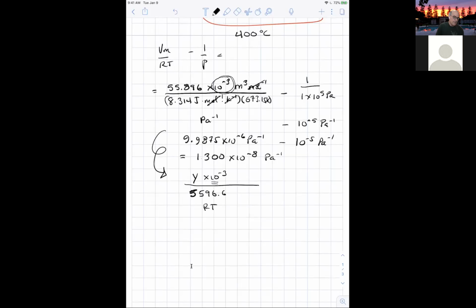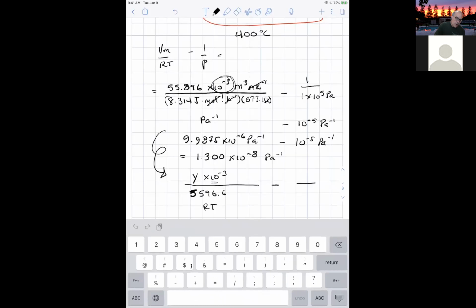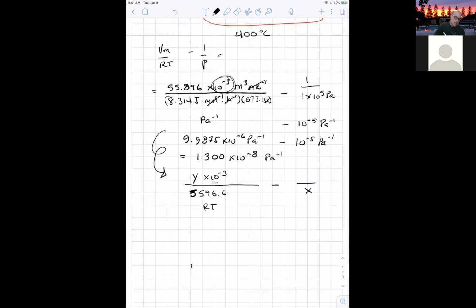And then I'm going to subtract 1 over the X, but it's going to be 10 to the minus 5 on top. In other words, it's 1 over 10 to the 5, which is 10 to the minus 5, divided by the value. Does that make sense? I'm trying to set it up so I can type it into Grace in a way that both Grace and I understand it.